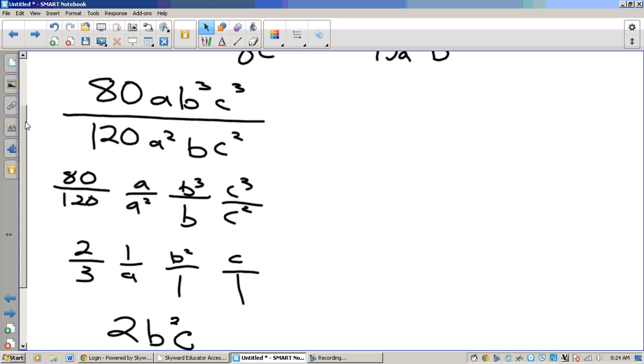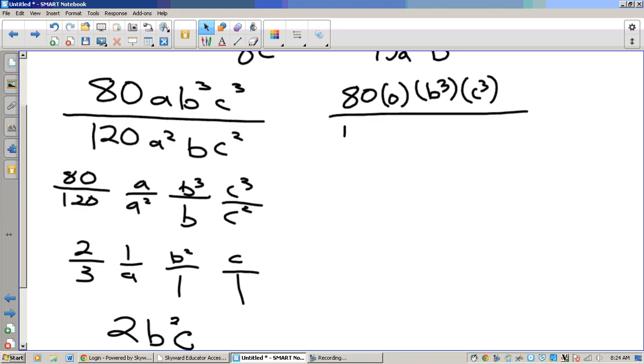Okay, so if a equals 0, let's put it in here. We have 80 times 0 times b to the third times c to the third over 120 times 0 squared.